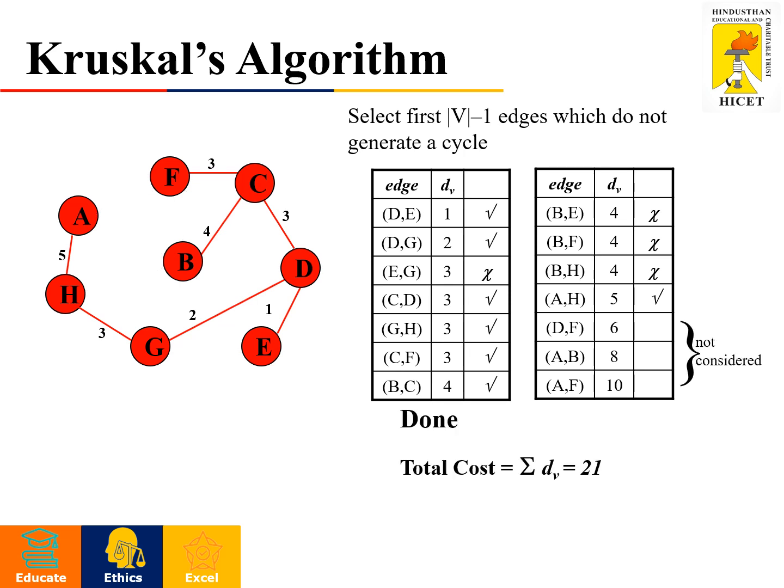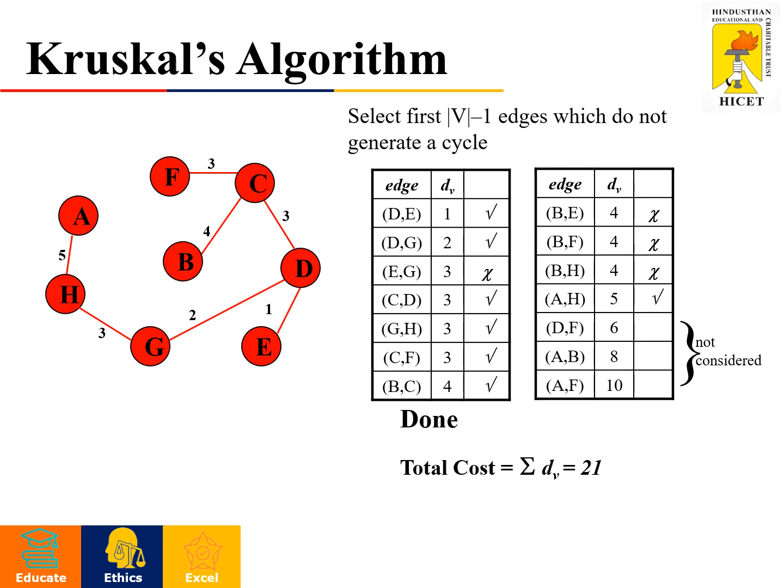Okay. Because now we have connected all the vertices with 1, 2, 3, 4, 5, 6, 7 edges.